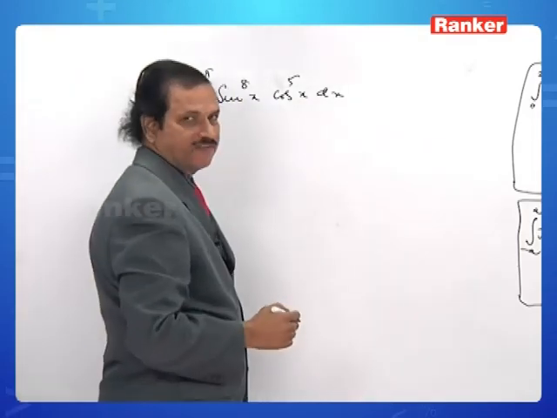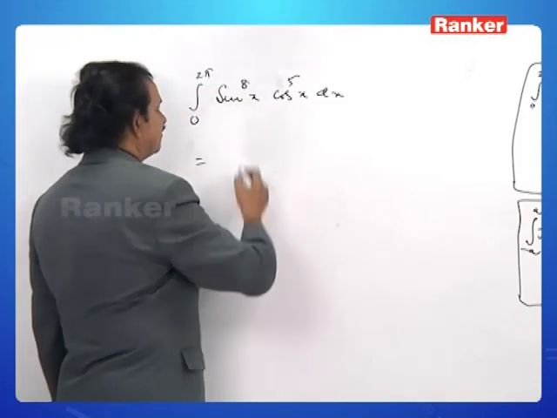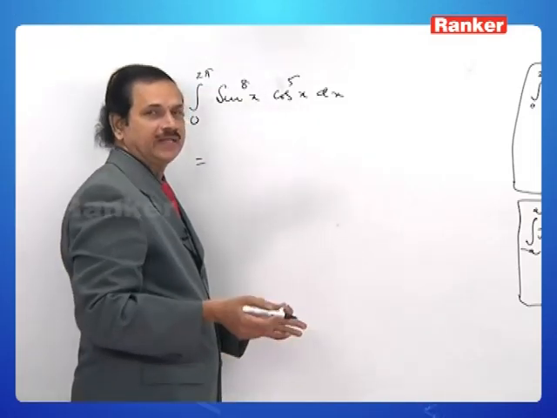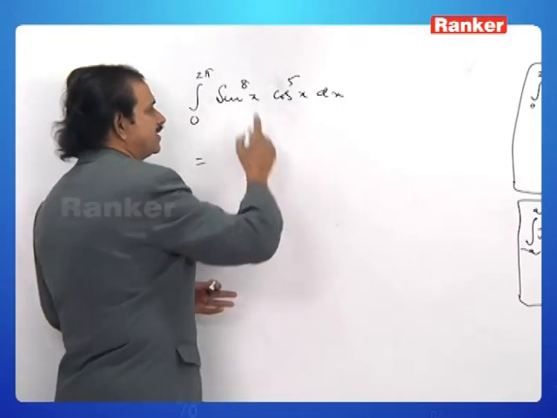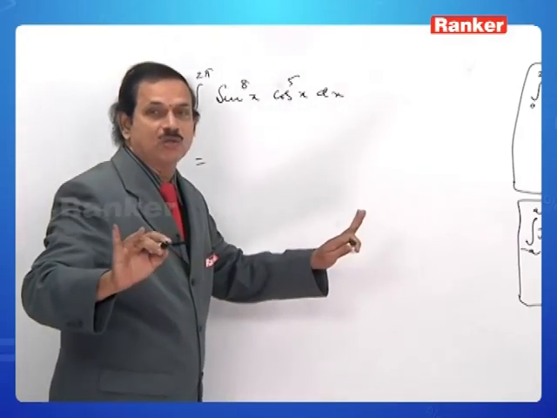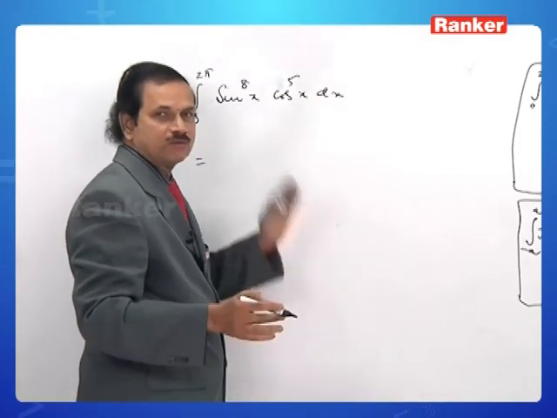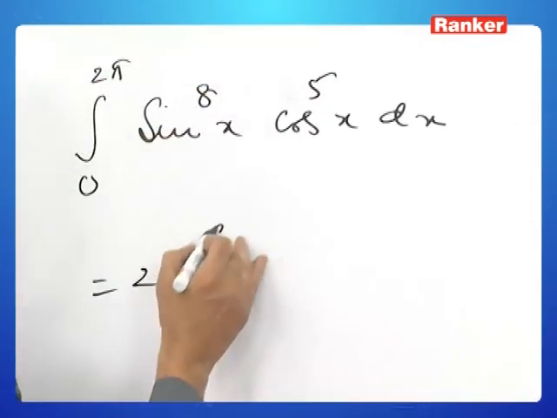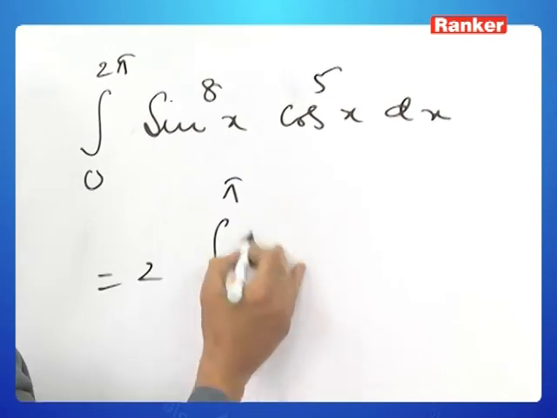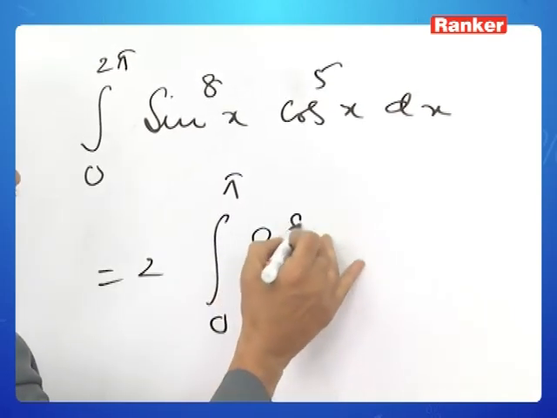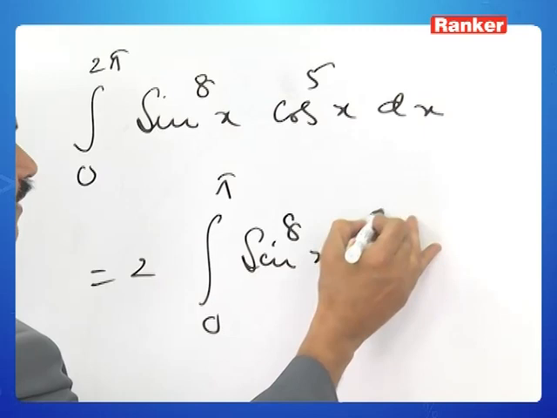Again, making use of the same formula. Sine of 2 pi minus x is minus sin x. Even then whole power 8 is there, no harm to that, no change. Cos of 2 pi minus x is cos x power 5, no change. Hence we can pull 2 out, 0 to pi sin power 8x into cos power 5x dx.